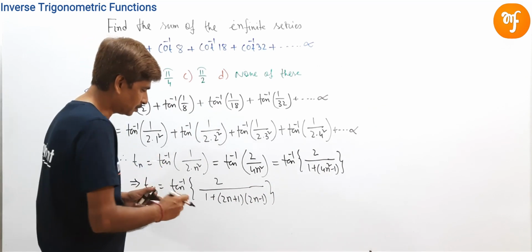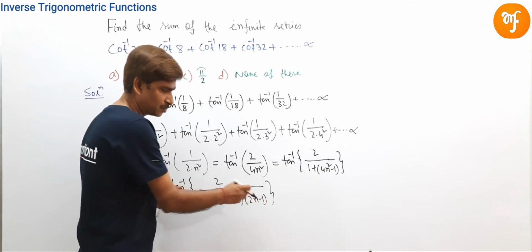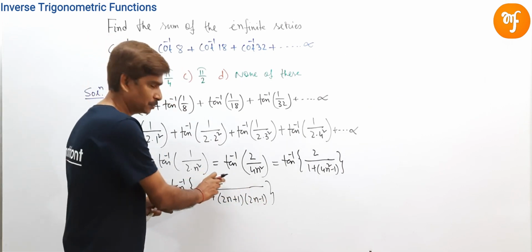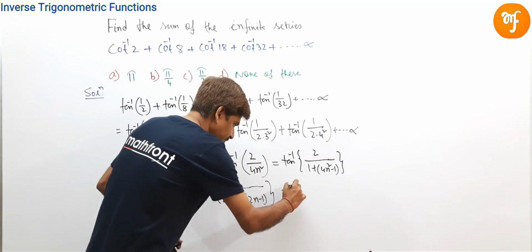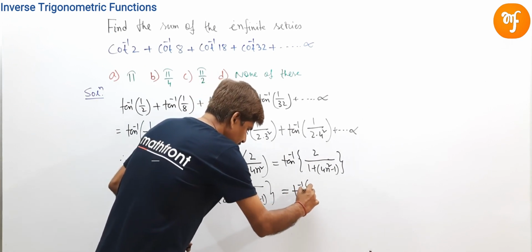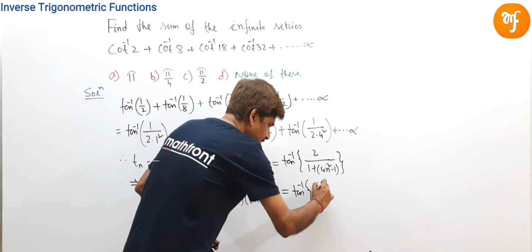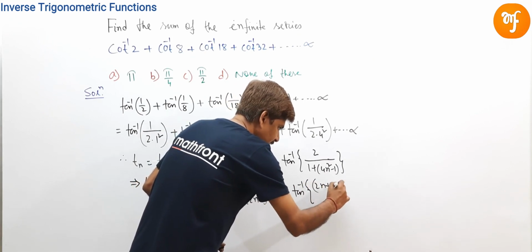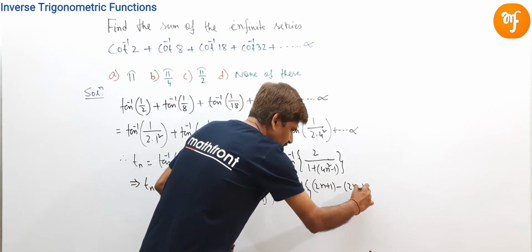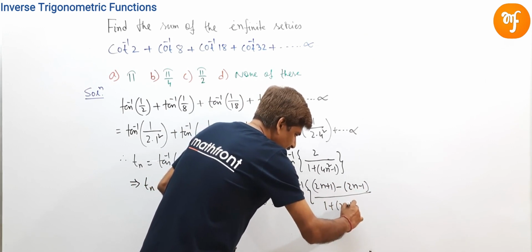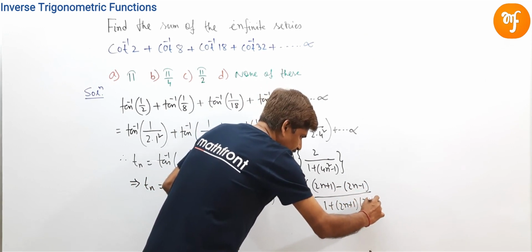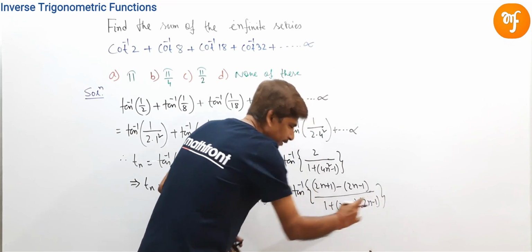Now look, the difference of 2n plus 1 and 2n minus 1 is nothing but 2. So we can write this is equal to tan inverse of 2n plus 1 minus 2n minus 1 divided by 1 plus 2n plus 1 into 2n minus 1.